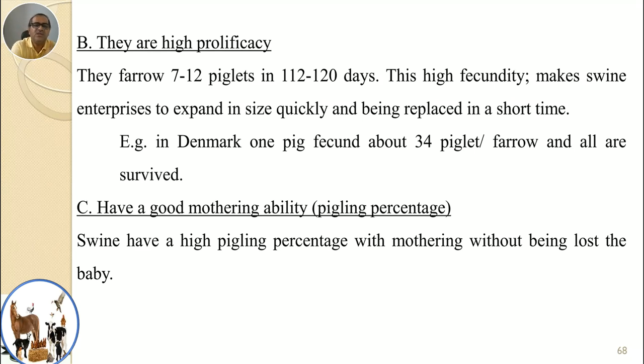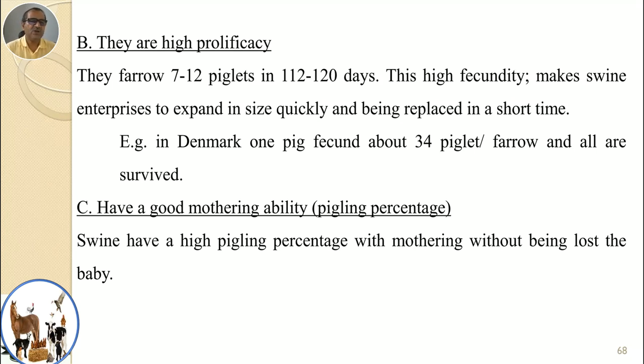Then the gestation period is only 112 to 120 days, meaning 4 months, just 4 months, or 112 to 120 days. So this high fecundity makes swine enterprises expand very quickly, being replaced in a very short time, as you know very well.